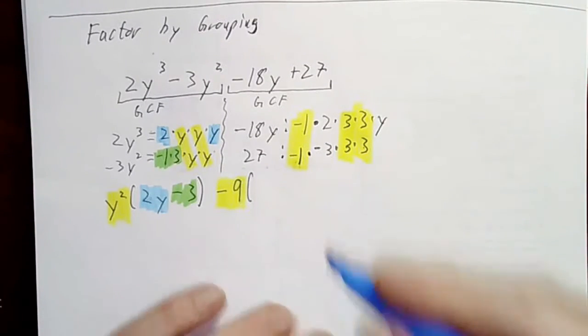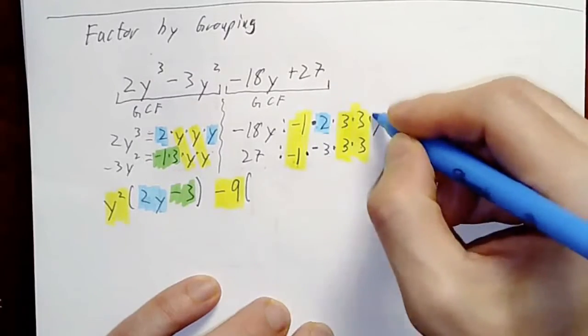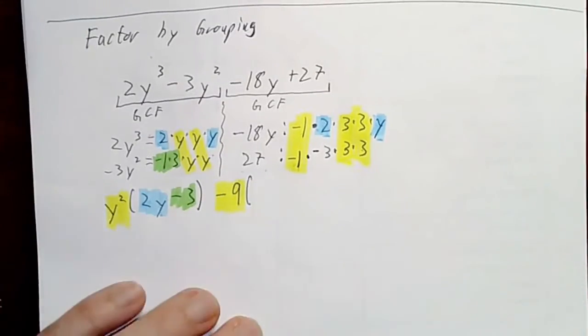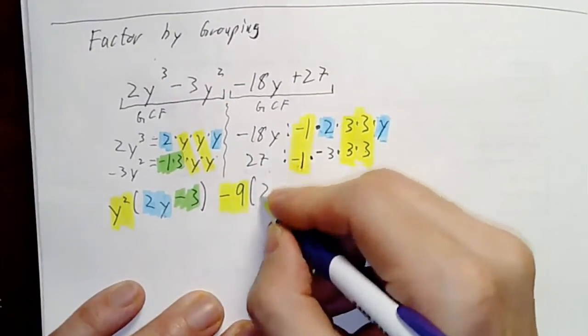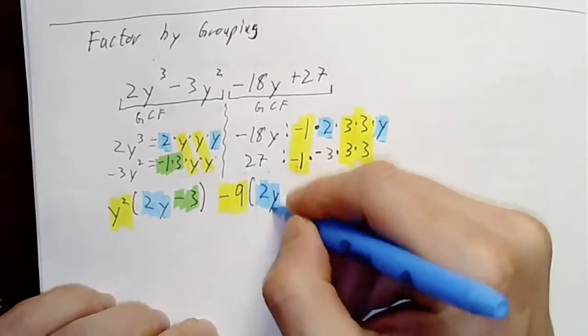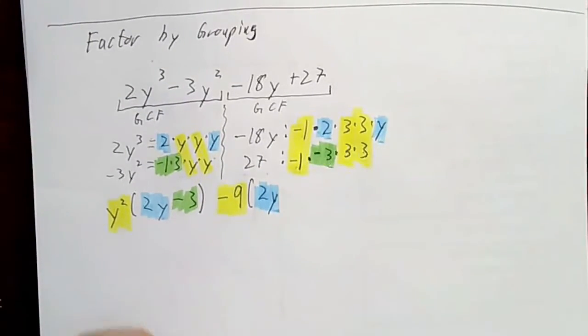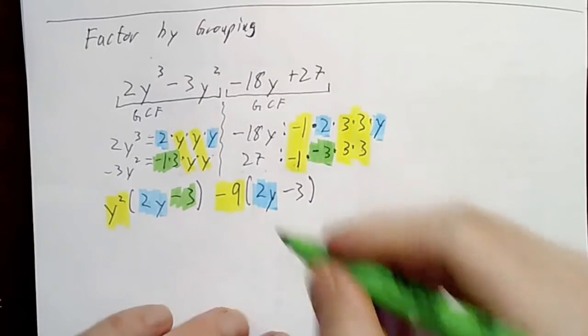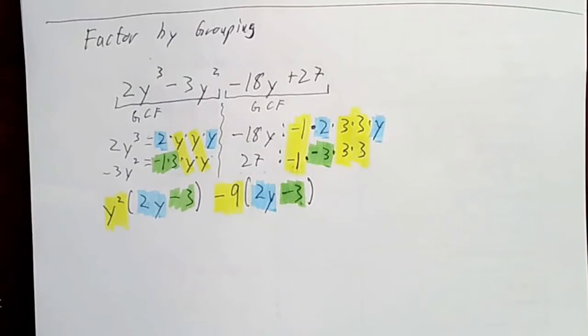And conveniently, I have the exact same pair that I had over here. 2y and negative 3. And you'll see now we can utilize our idea of the greatest common factor again a second time to factor it one more time.